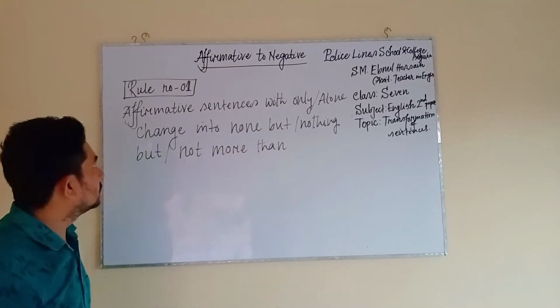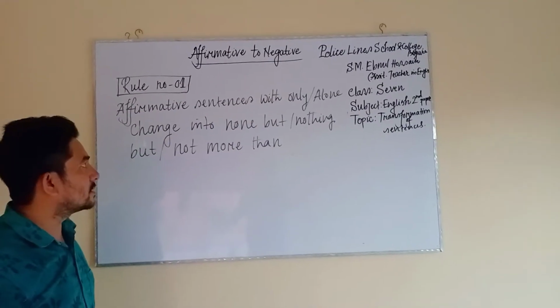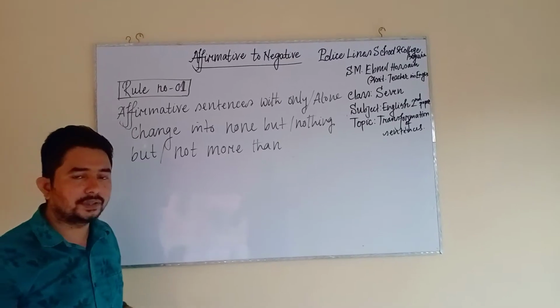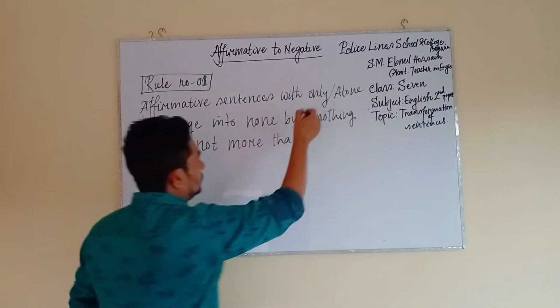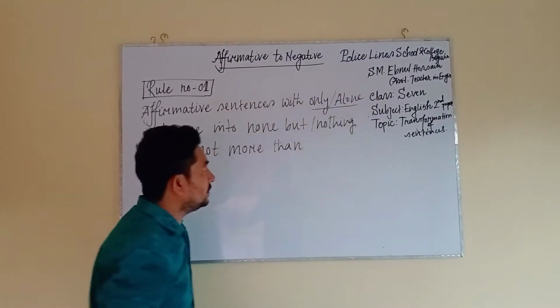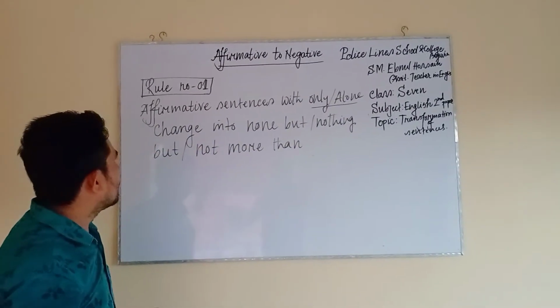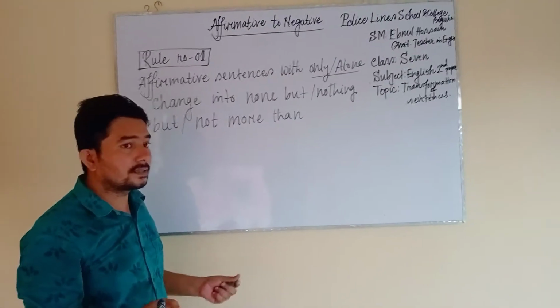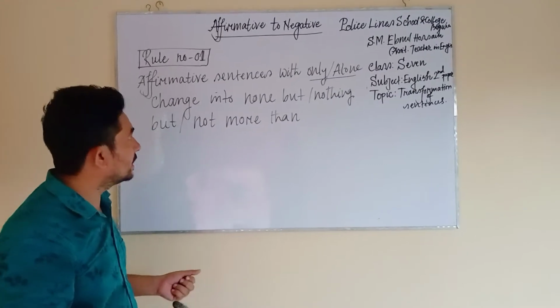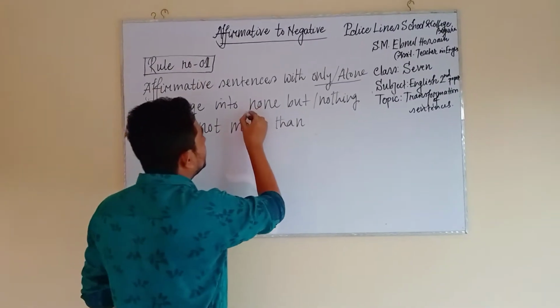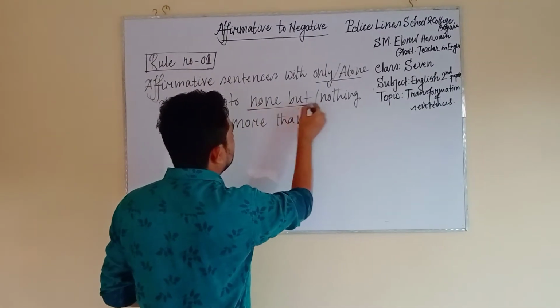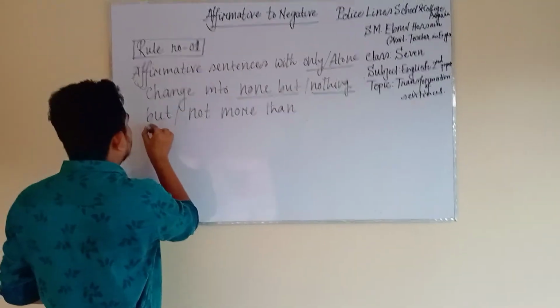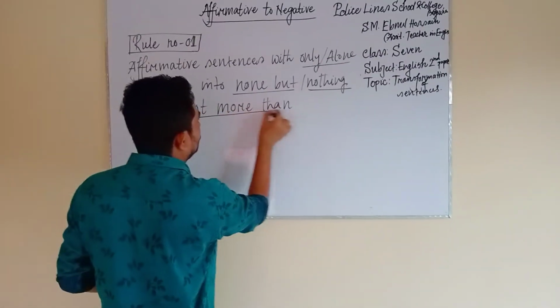And notice the rules carefully: if we find the word only or alone in the affirmative sentences, then we can change these affirmative sentences into negative ones by using the phrases none but, nothing but, or not more than.